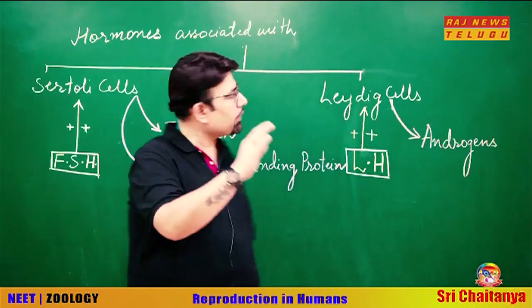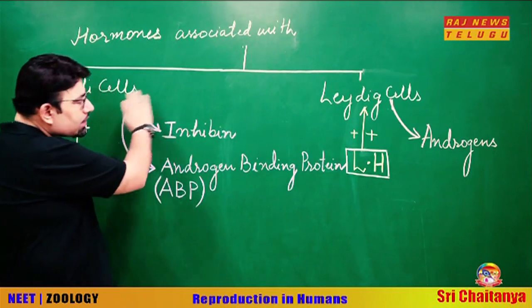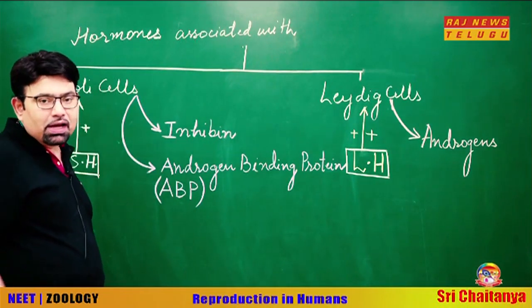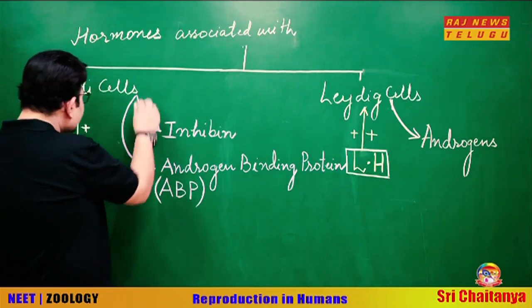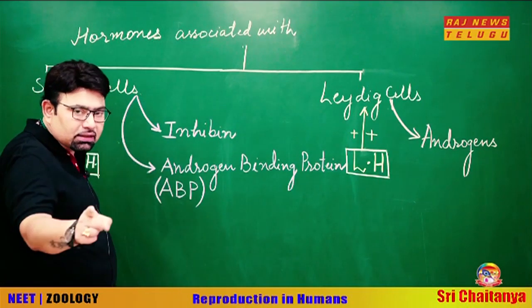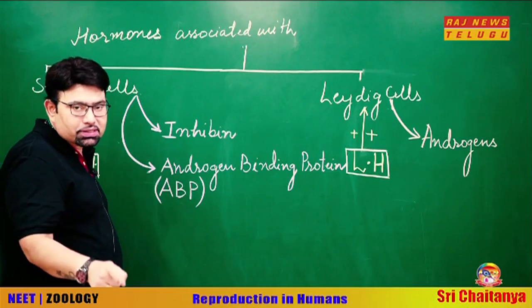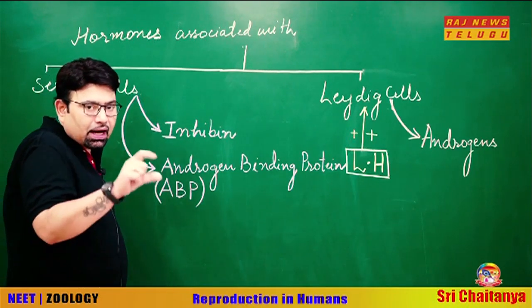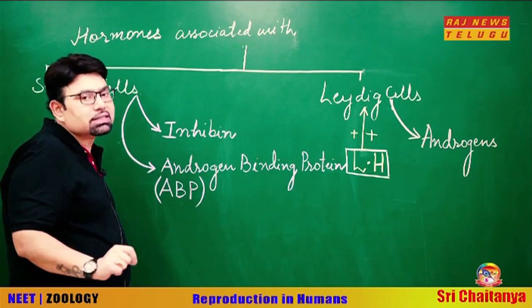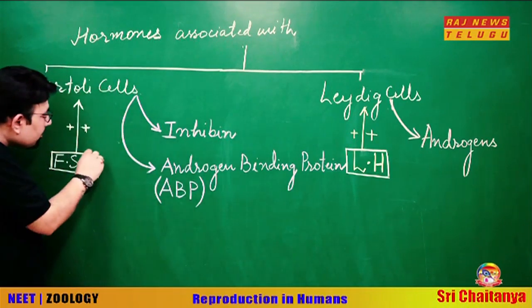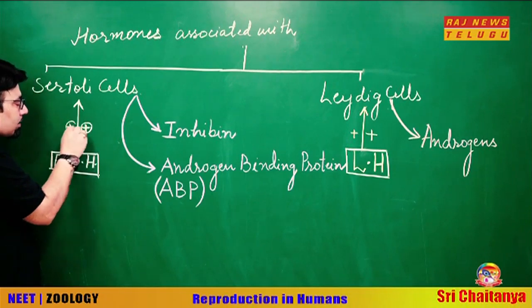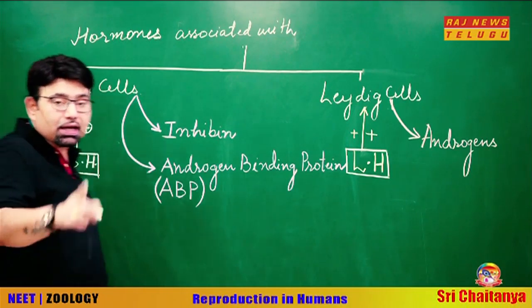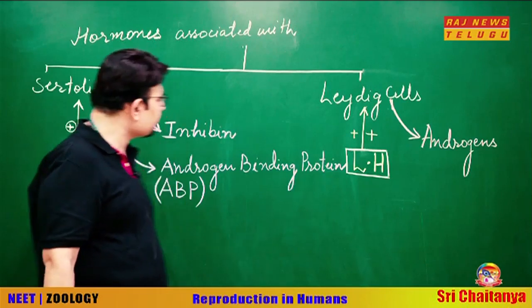Students, let's compare the two cells, Sertoli cells and the Leydig cells. Now recall from the previous part of the chapter, Sertoli cells are present in the seminiferous tubules. Right? They are in between the germinal cells, and the hormone which stimulates Sertoli cells is follicle stimulating hormone produced by anterior pituitary.